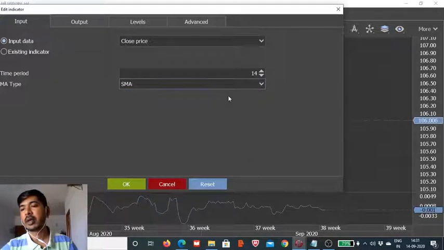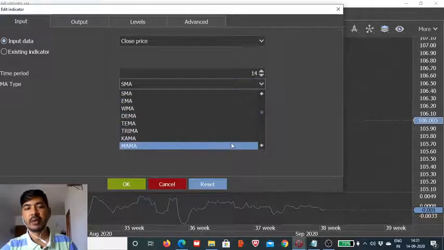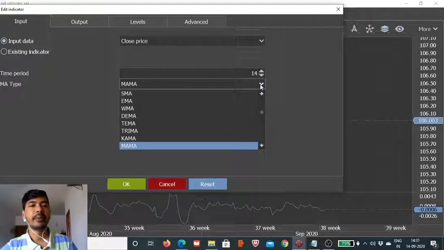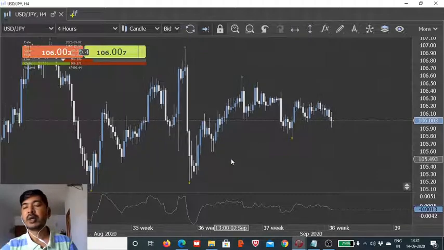If we make it SMA, I think it goes on the lower side actually. If we use another moving average type, we see further changes happening. Now we are going with the TRIMA. This is how it works.